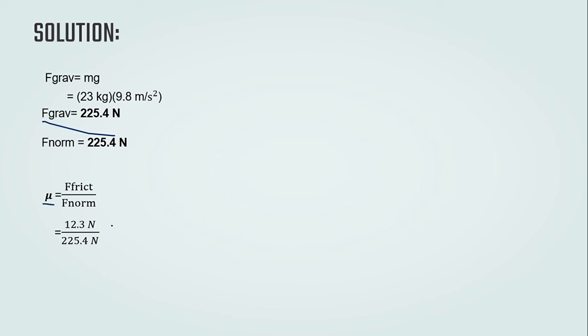Compute it. 12.3 divided by 225.4, 0.05 is the value that we've got for the coefficient of friction. So why is there no unit N or Newton? Because it cancels out. Okay? Now, let's proceed.